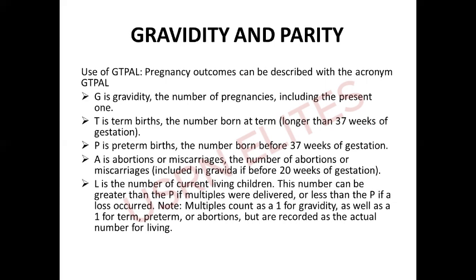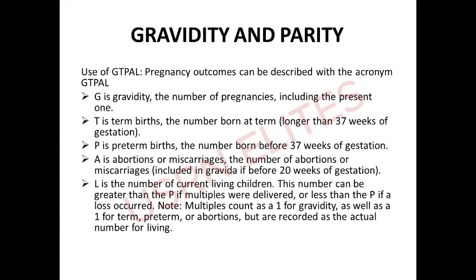But in case you meet a question and you have 2 P's in it, one is for preterm, one is for parity. Parity stands for the total number of births, the children that the woman has given birth to.